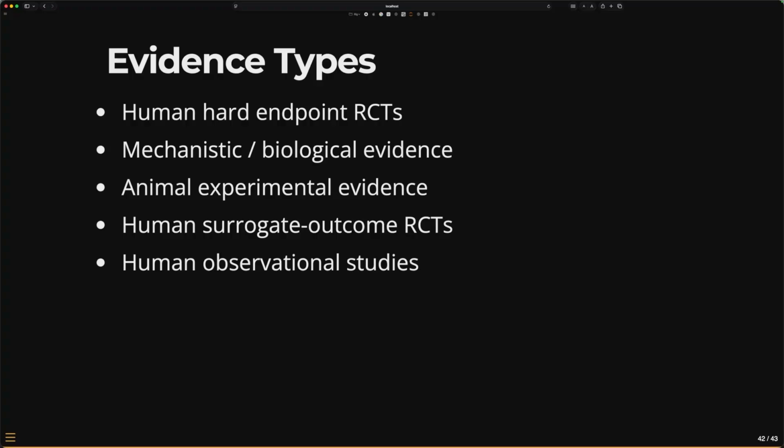So not death, but things that happen before death that might imply that there is some negative health outcome further on down the line. And those could be randomized controlled trials because you might not need to wait 10 years for that. And then, of course, like you said, there's the observational studies, which we will talk about.